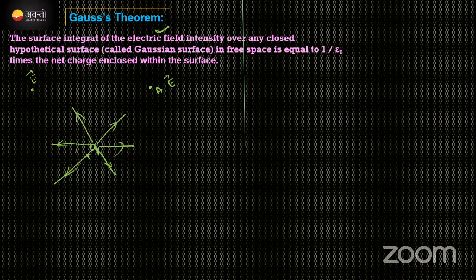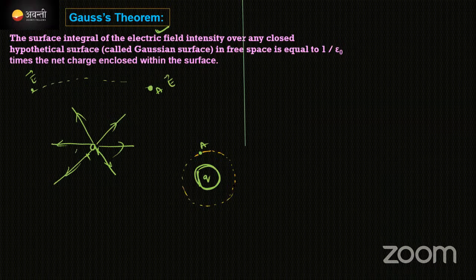At whichever point you have to find the electric field intensity, draw one Gaussian surface. Gaussian surface means it's an imaginary surface; based on the structure, we need to draw it. Suppose here there is a sphere, with a charge inside it, and at this point you have to find the electric field intensity. At this point you have to draw one Gaussian surface that should also be like a sphere.